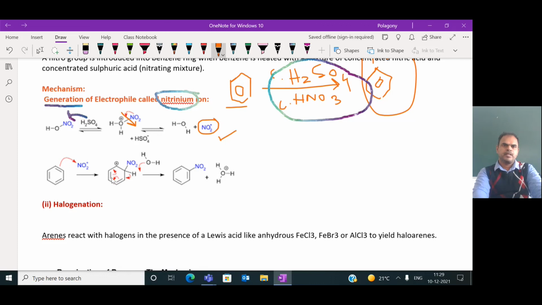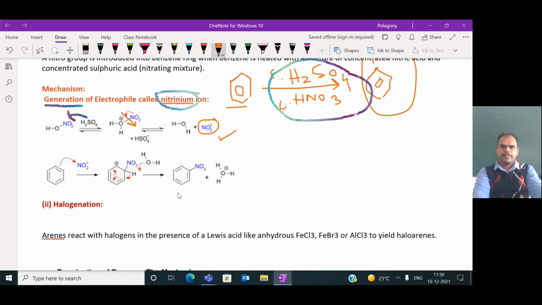Then these pi electrons will undergo resonance forms. Here I am not writing the resonance structures of this benzene carbocation. In order to compensate this positive charge, the sigma bond of the hydrogen atom present on this carbon will be converted into a pi bond.